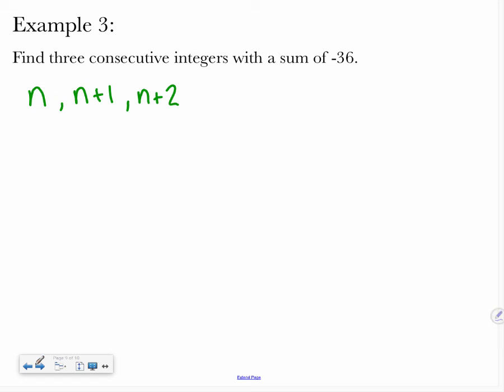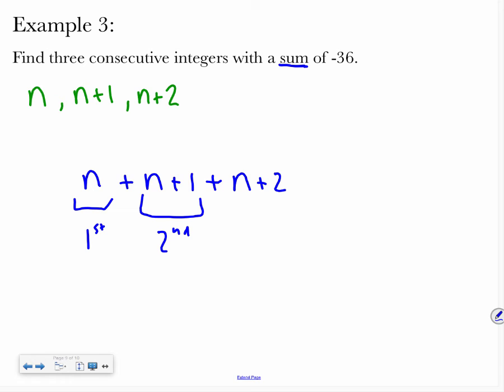So what I'm going to do, if it is a sum, that means I'm going to add these 3 numbers up, right? So we have our first number plus our second number plus our third number, and their sum is negative 36.